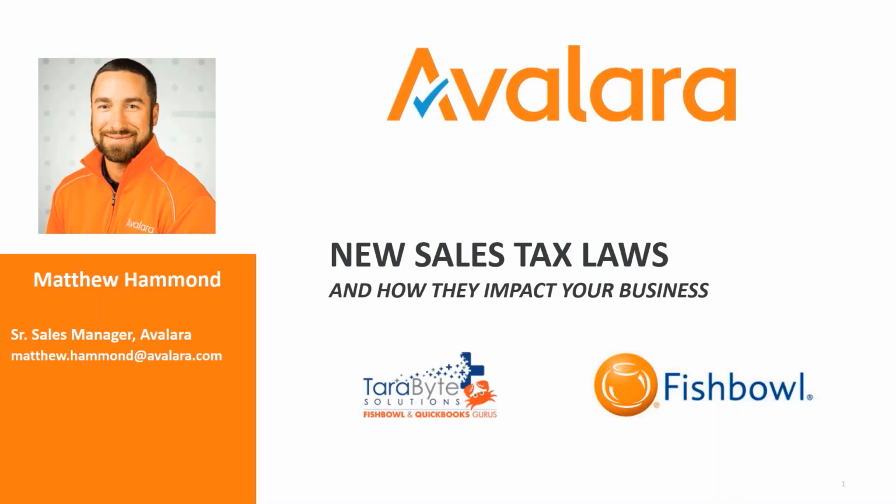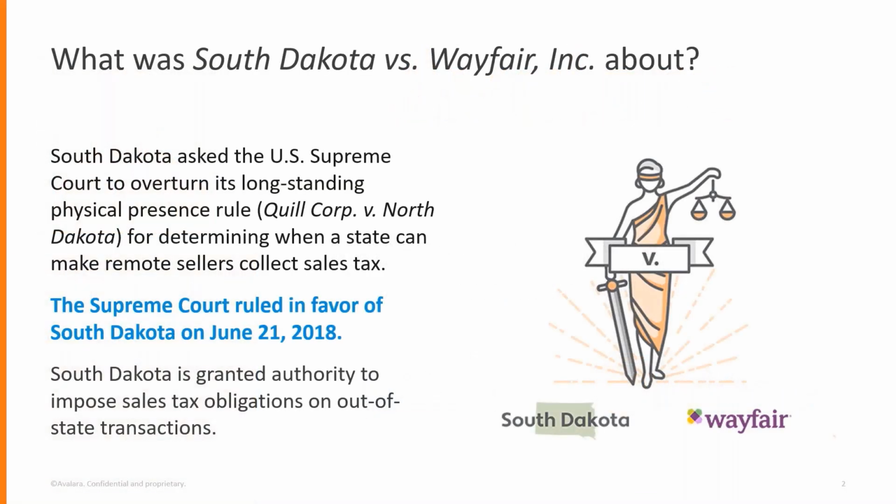And if you want to jump to the next slide. So what happened is about 20 months ago, South Dakota went to the Supreme Court and they said, you know what? The way people buy and sell products has drastically changed. So we want you to change the rules. And this went into the court for, I believe, 4 to 5 months. And in June of 2018, the Supreme Court said, you're right.